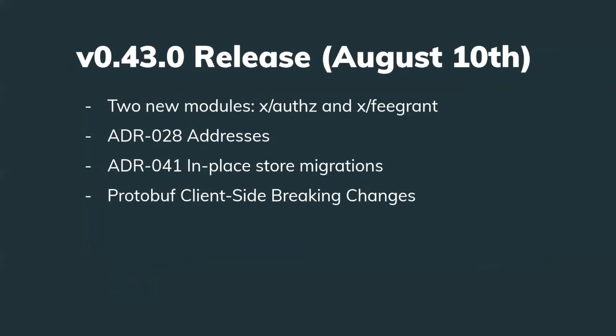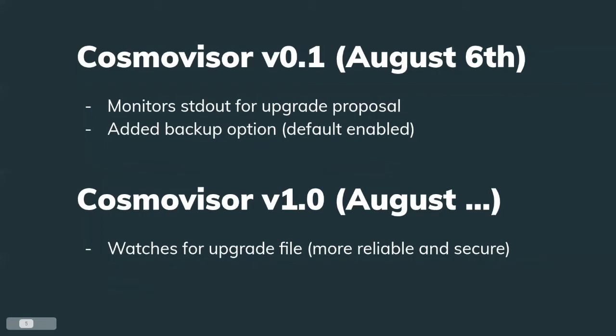So Cosmovisor V0.1 went out August 6th, and this was the first release of Cosmovisor. Previously, validators and node operators have been using Cosmovisor by building it from the Cosmos SDK repository. Cosmovisor is currently in the Cosmos SDK repository.